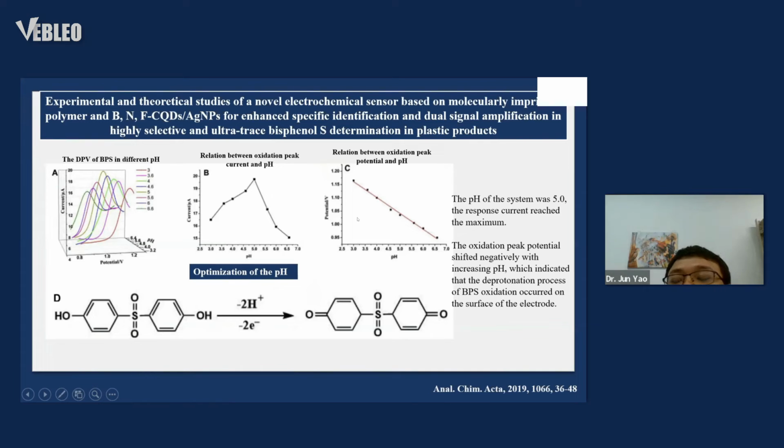The base pH of the system was chosen as 5.